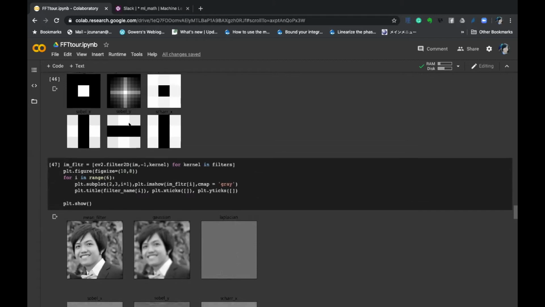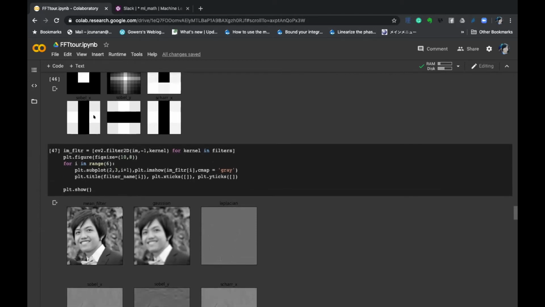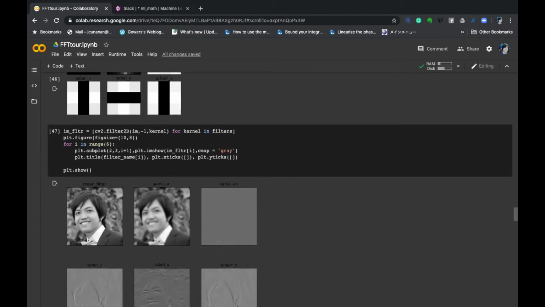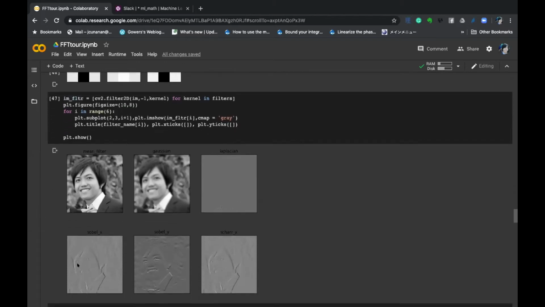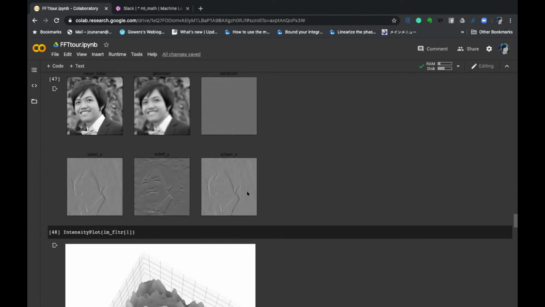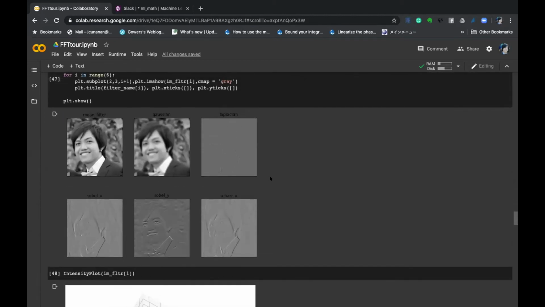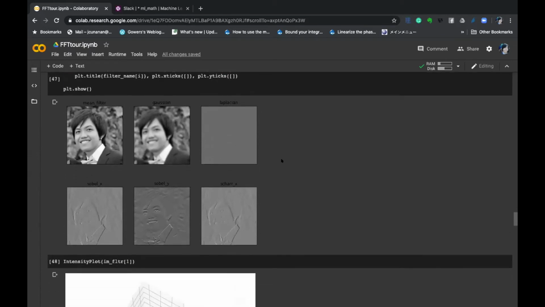And here, the central y-axis is zero, but the other higher frequencies, vertical changes, are not. So you see vertical lines better. So that is what the kernel does, or in a sense, the filter.